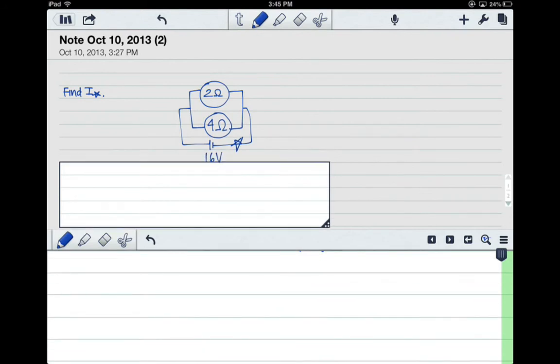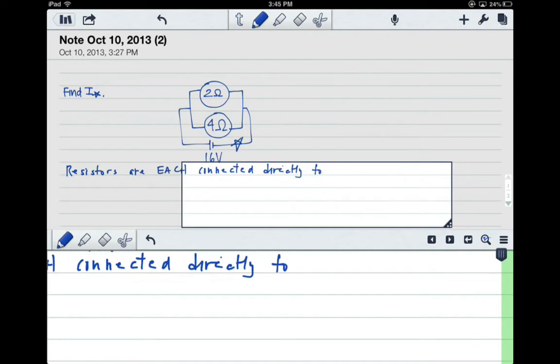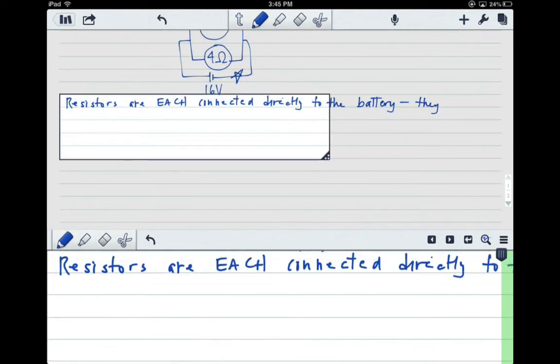I know that because each resistor is connected directly to the battery, they each get 16 volts.